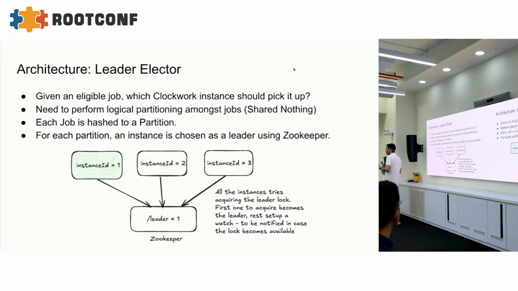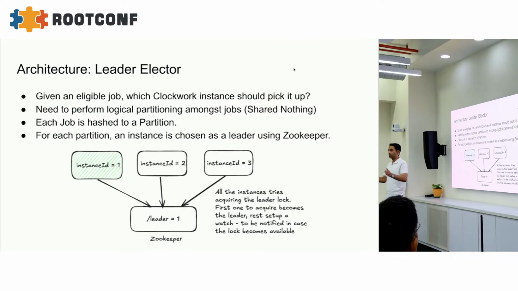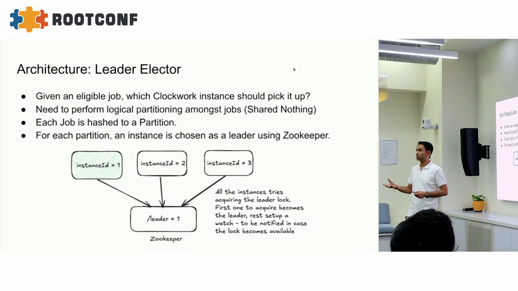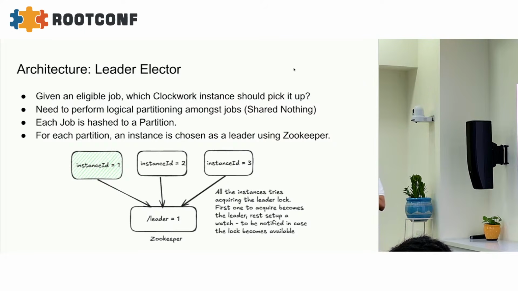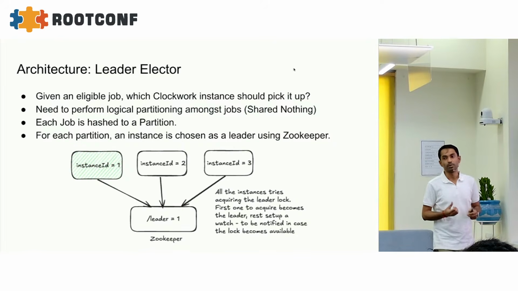So what we do is we follow a shared nothing architecture. By shared nothing, I mean we logically divide the job range into subsets. We partition the job range by assigning partitions to a client. Since Clockwork is multi-tenanted, we assign partitions to each client. Let's say a merchant client comes up.